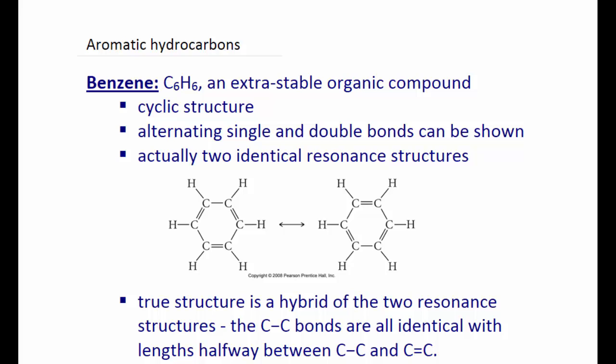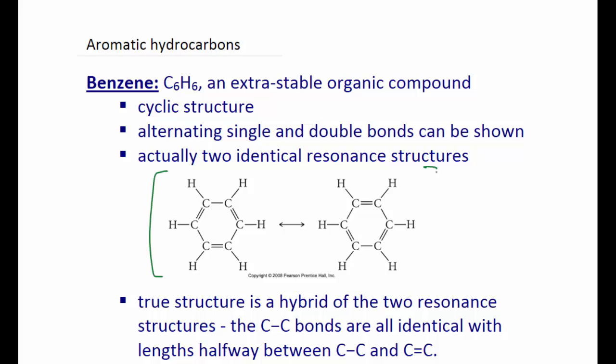The whole molecule is the combination of all possible resonance structures that you can draw from it. And it's not like it's switching back and forth. It's that all the resonance structures get blurred together to make the real molecule. Okay? So when we draw individual resonance structures of benzene, we're just showing half of the actual structure.